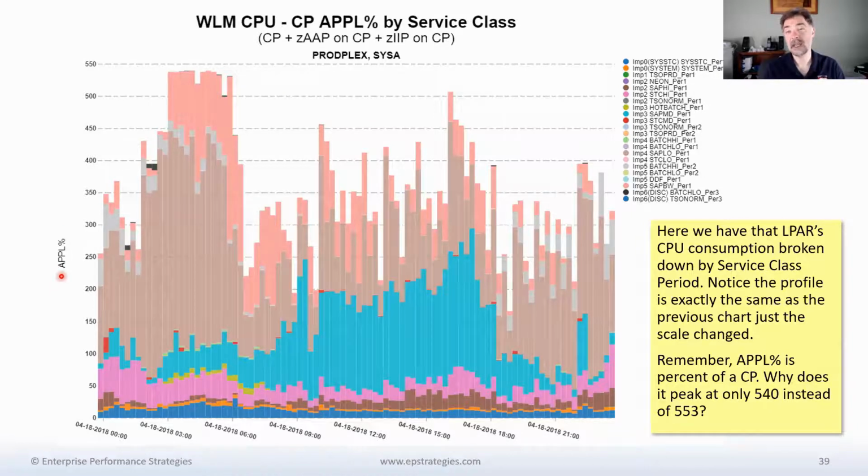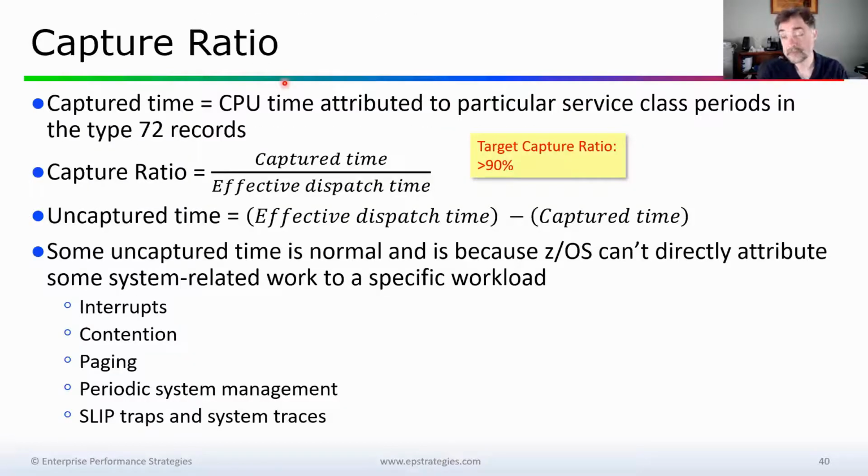So if we have GCP APPL percent, this 5.4 represents that this LPAR consumed 5.4 CPUs worth of capacity. So why is there a difference there? Well, the difference there is the uncaptured time. Okay, so the time above this 5.4 that really should be peaking at 5.53 is that uncaptured time.